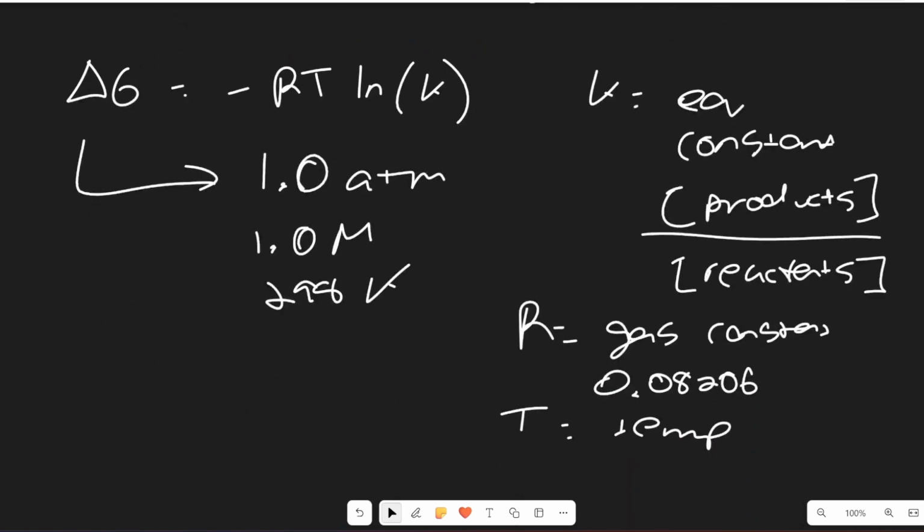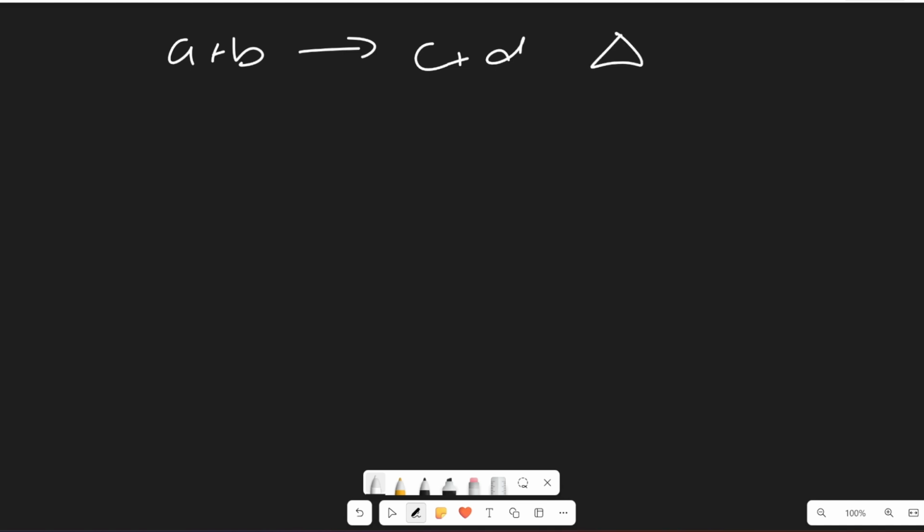And one of the questions that comes up often is, what is driving the reaction? Is it enthalpy or is it entropy? Well, let's say we have a reaction. Let's just say that we have A plus B, and then that goes to C plus D. Let's say the delta H for this reaction is negative 25 kilojoules per mole. And we'll just say that delta S is negative as well.